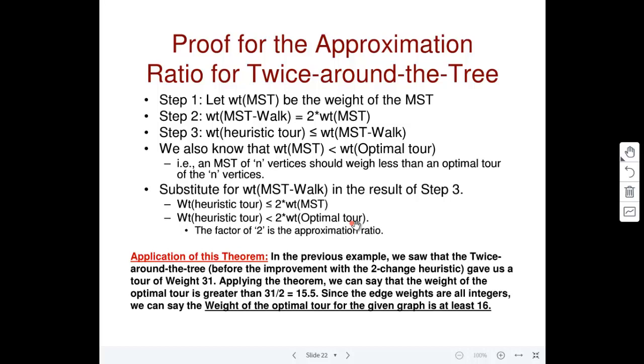So we would prefer the weight of the heuristic tour to be, say, less than 1.5 times or 1.2 times the weight of the optimal tour. In those cases, the weight of the optimal tour will be even closer to the weight of the tour found by the heuristic, right?